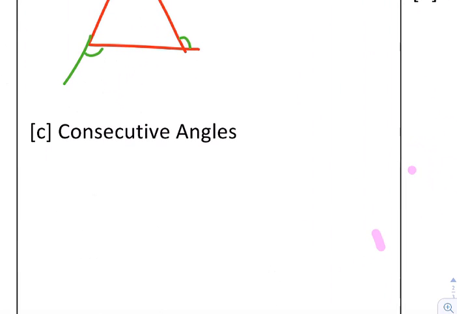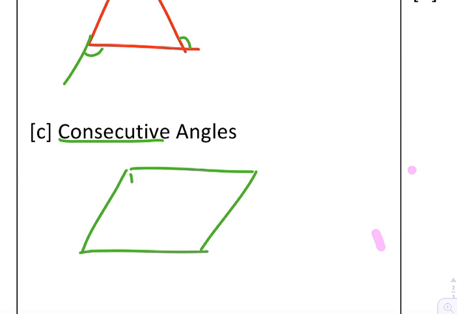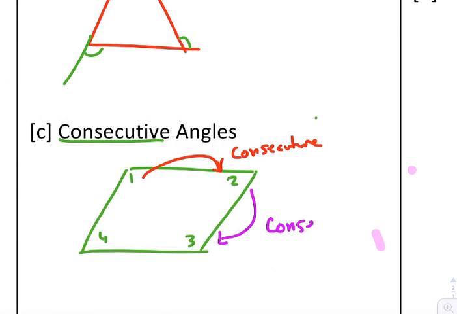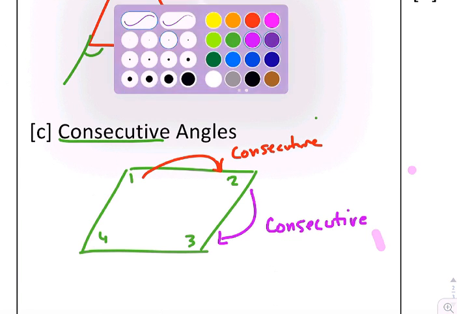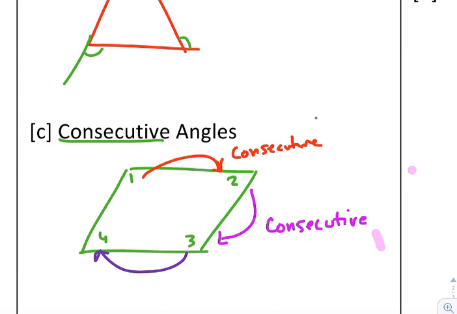Okay. Last one, consecutive. The term consecutive means in a row. So if I look at a diagram, say like this, and I have like these angles, consecutive angles are ones that appear in a row, and so like 1 and 2 are consecutive. 2 and 3 are consecutive. 3 and 4 are consecutive.